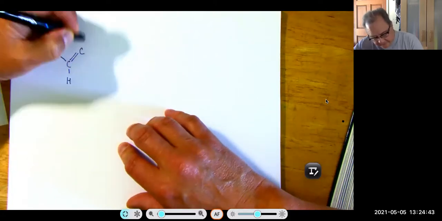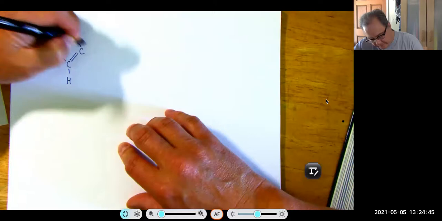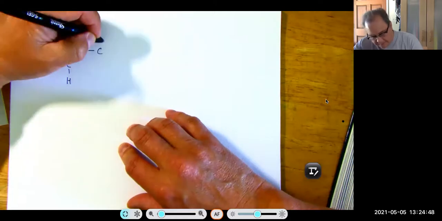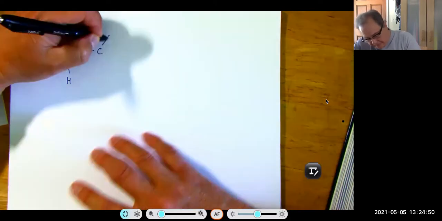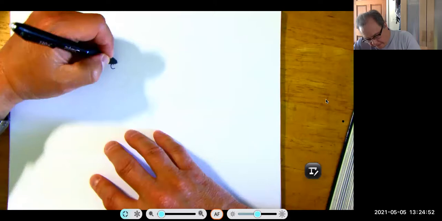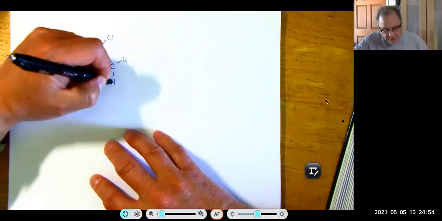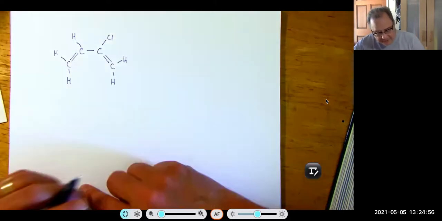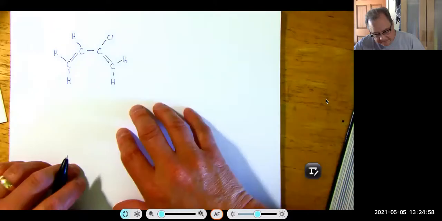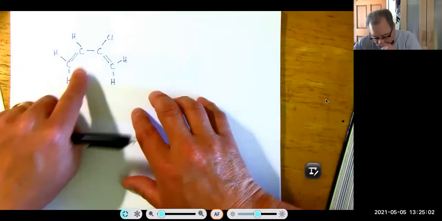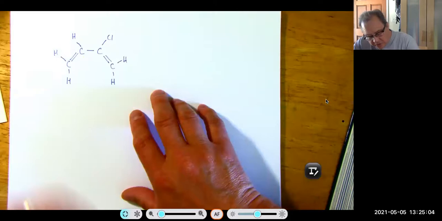Okay, so there's one of them drawn three-dimensionally. It almost looks like a cis, but it's not because that's not a double bond. Now I'm going to draw another one of these.